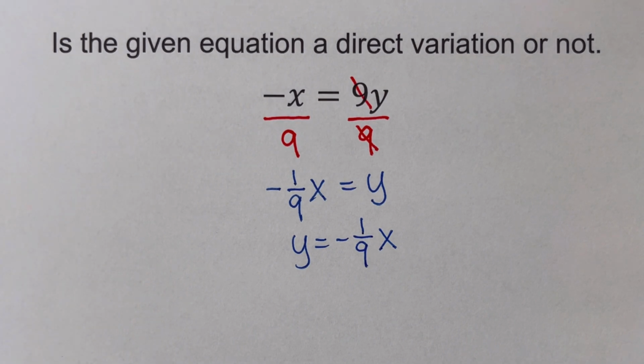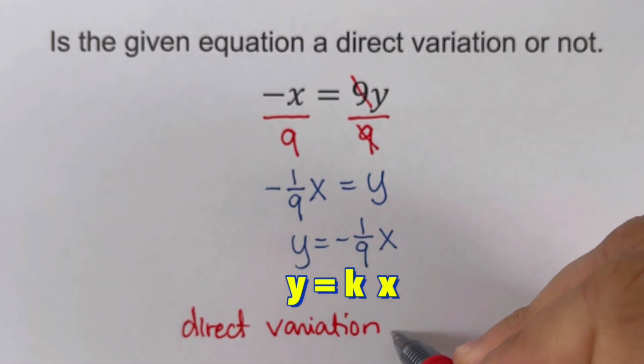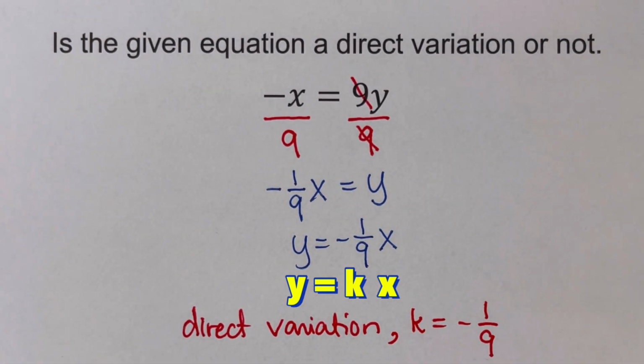Now, please notice that this resembles y equals kx, with k as negative 1 over 9. So then we can say that this is an example of a direct variation with k of negative 1 over 9. So I'm going to write it down here. Now let's move on to the next example.